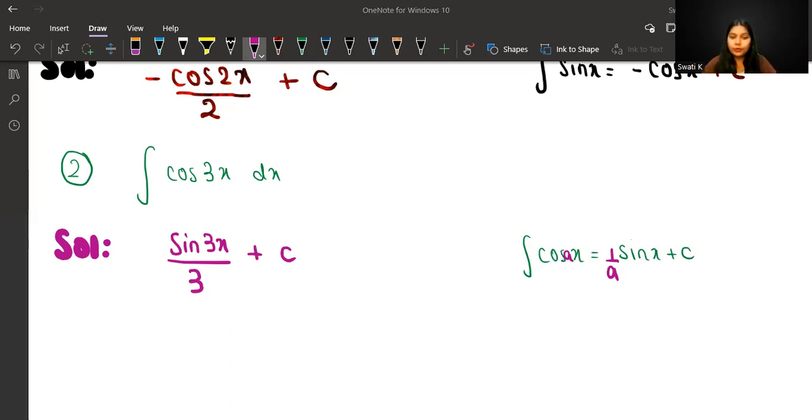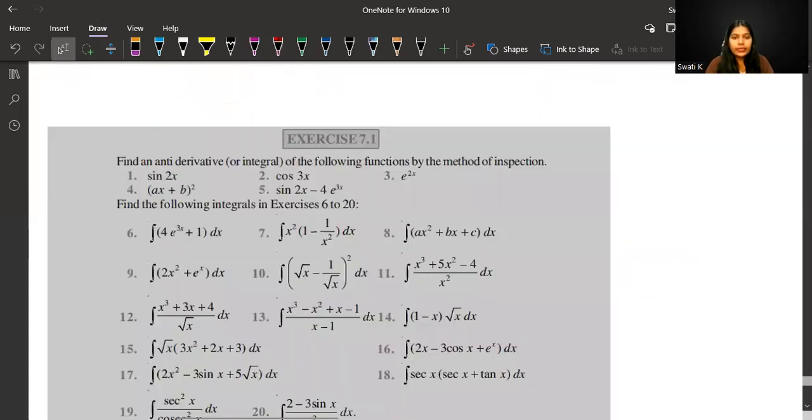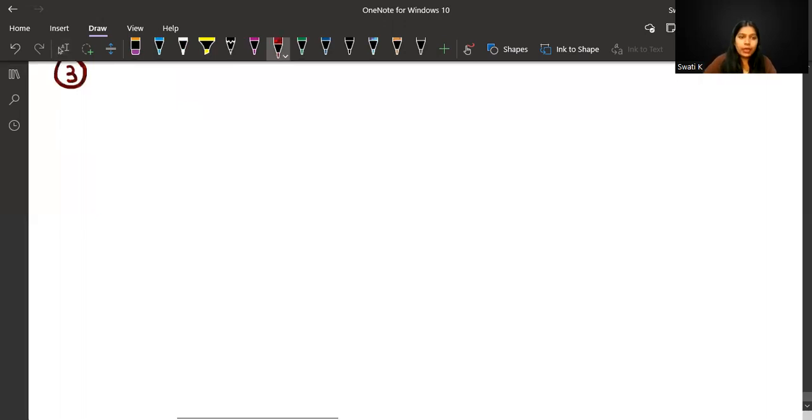Let's go to the next question. So the third question is e raised to 2x. We have to integrate e raised to 2x dx. Very simple.